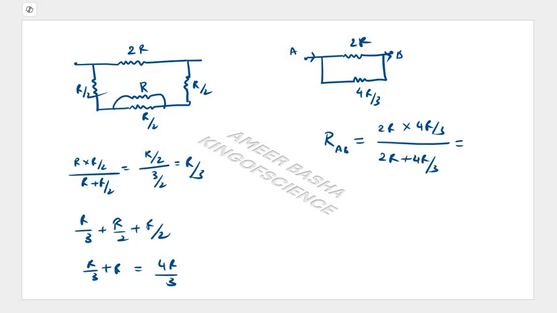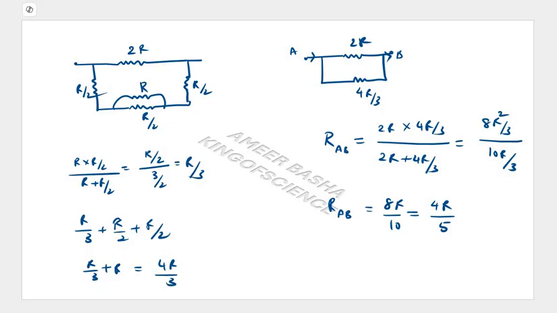So it comes out to be 8R by 3 divided by 10R by 3, and of course here R square comes. Then R_AB is equal to 8R by 10. The answer is coming out to be 4R by 5.